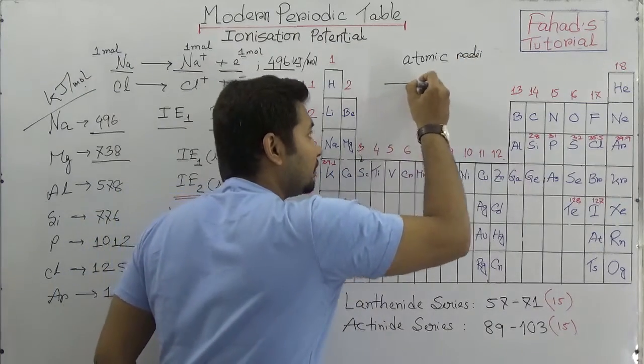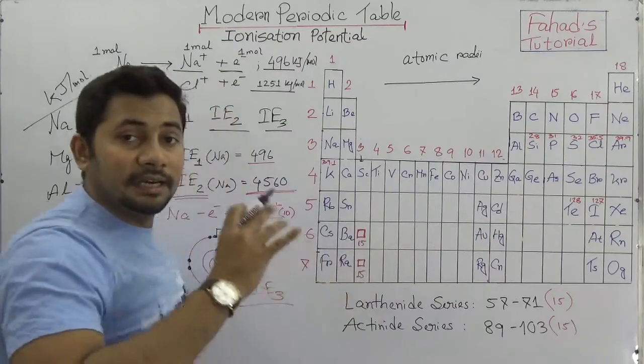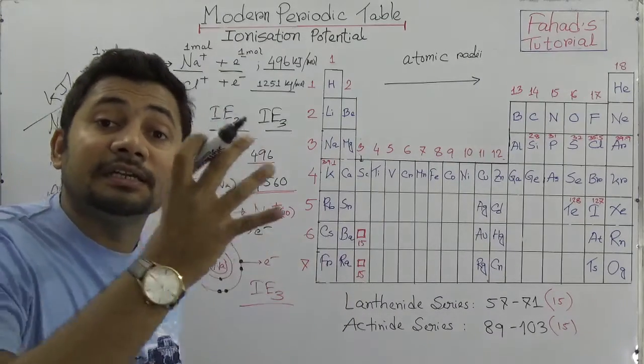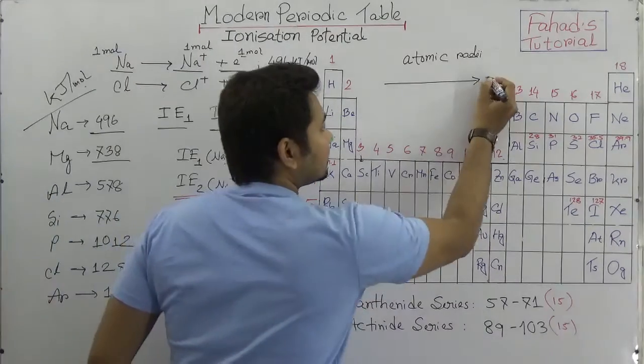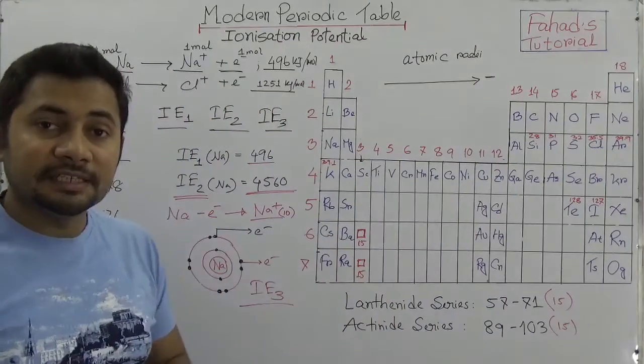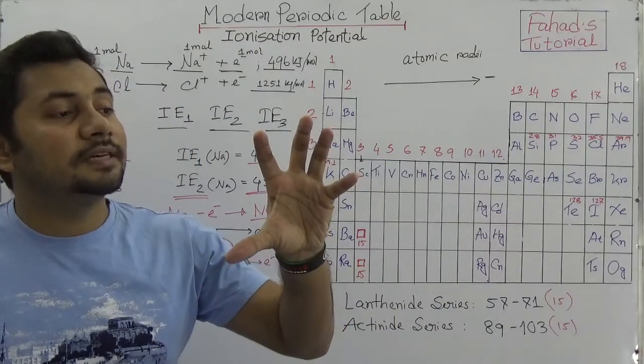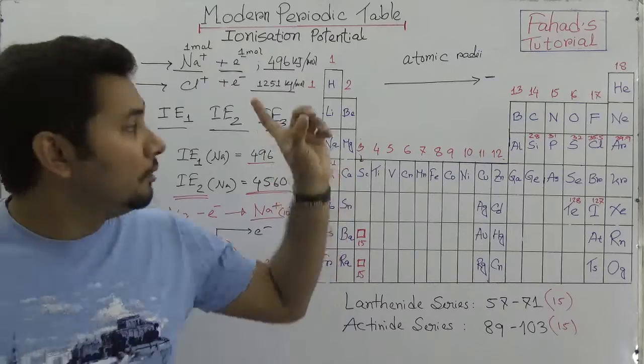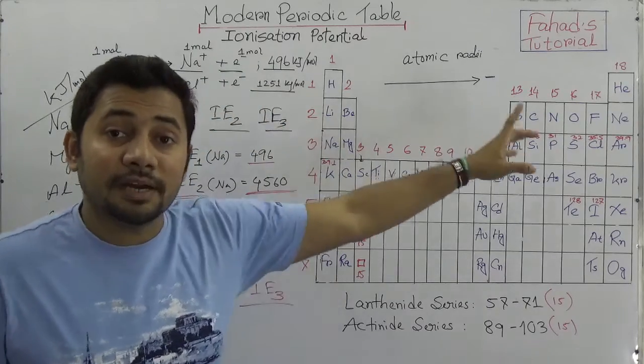If you go from left to right, atomic radius decreases, meaning the size of the atom decreases.